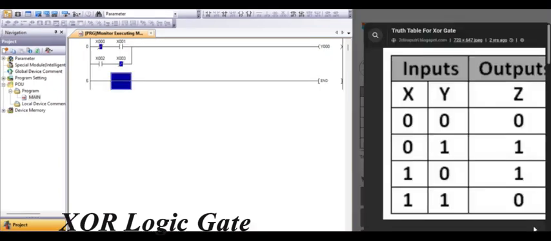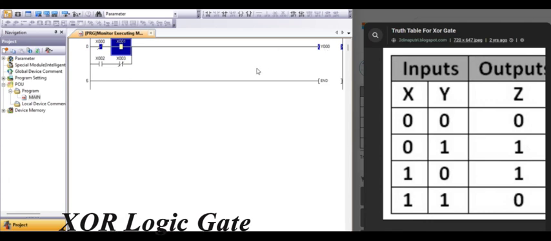And when it comes to XOR gate, if input A is 0 and input B is 0, the output is not energized. If input A is 0 and input B is 1, the output is energized.